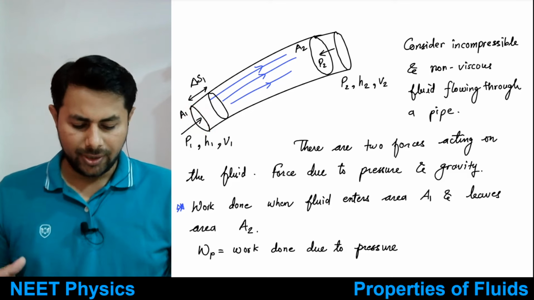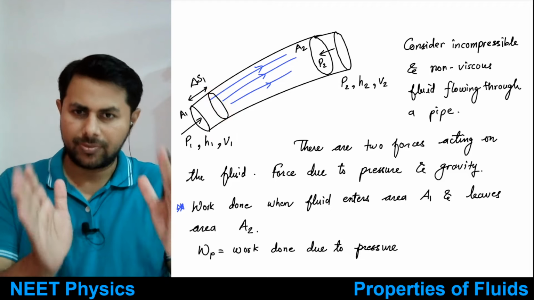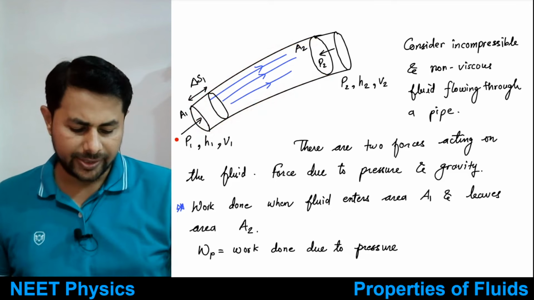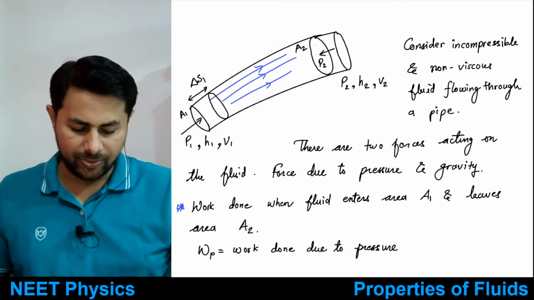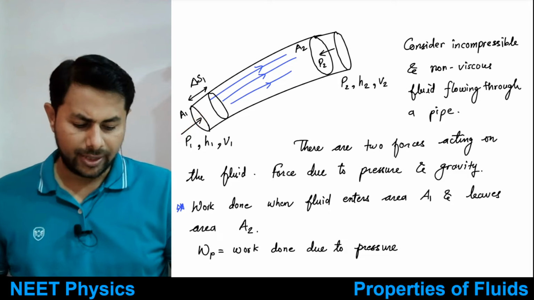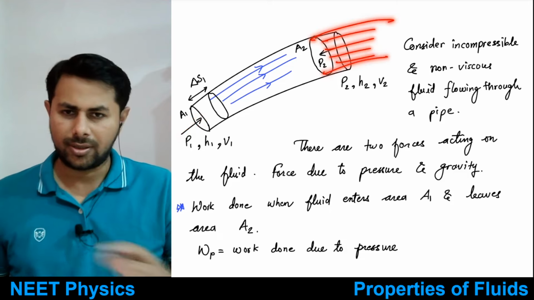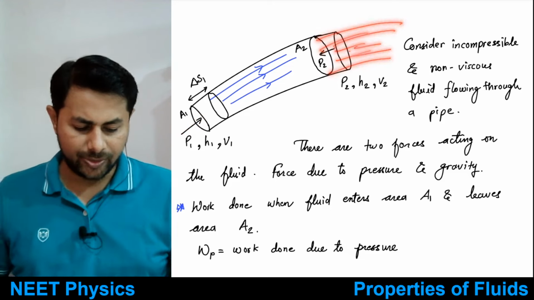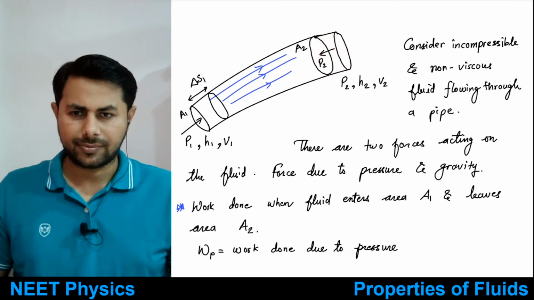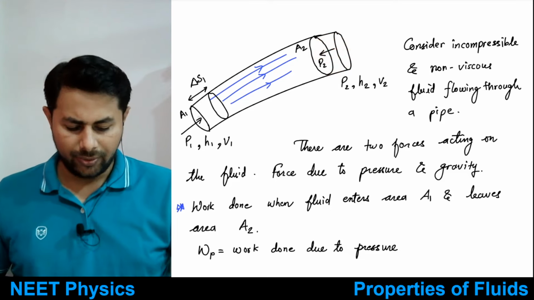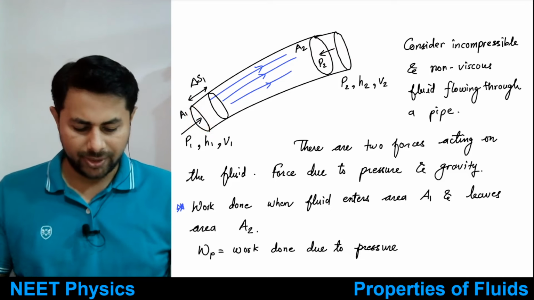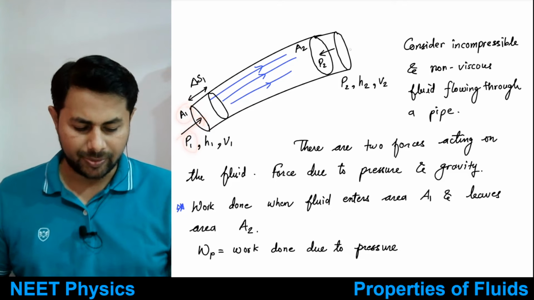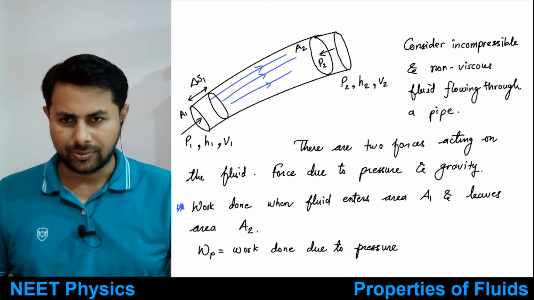If you consider a small section of the fluid, the fluid from this side exerts a force in this direction on that section, and the fluid ahead of it exerts a force in the opposite direction. Force from this direction is P1A1, and from the other direction it would be P2A2.